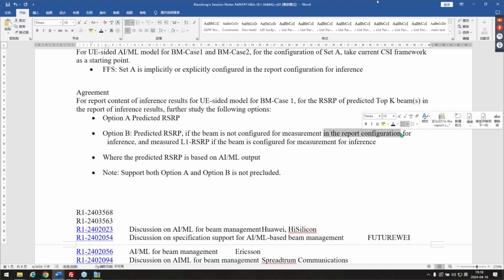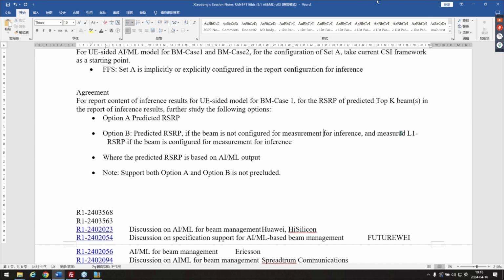Helmut. So we agree with the modification suggested by Nokia, which is predicted if the beam is not configured for measurement, it's clean. So I think it's clear. And measured RSRP if it's configured for measurement. That's it. And inference, everything, even in the main bullet, for the report content of inference results.